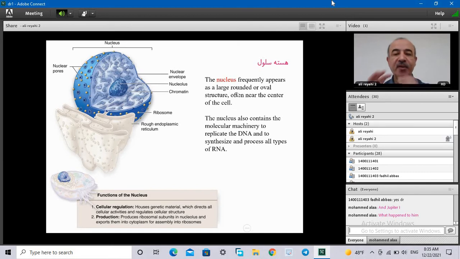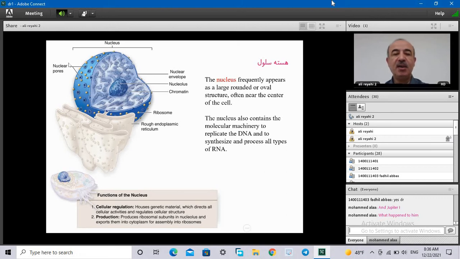Attention please, the shape of the nucleus is dependent on the shape of the cell. For example, in a flat cell, the nucleus becomes flat. In a cuboidal cell, the shape of the nucleus is rounded, spherical. And in a lung cell or the columnar cell, for example, the shape of the nucleus becomes oval.